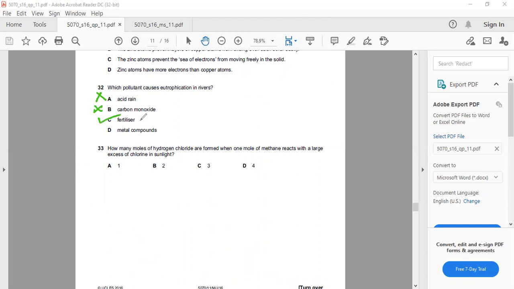If excess fertilizer falls into a river, the production of algae increases, and then the surface of the river is covered with algae, however you pronounce it. My different teachers used to pronounce it differently, but in the dictionary I've seen both pronunciations.